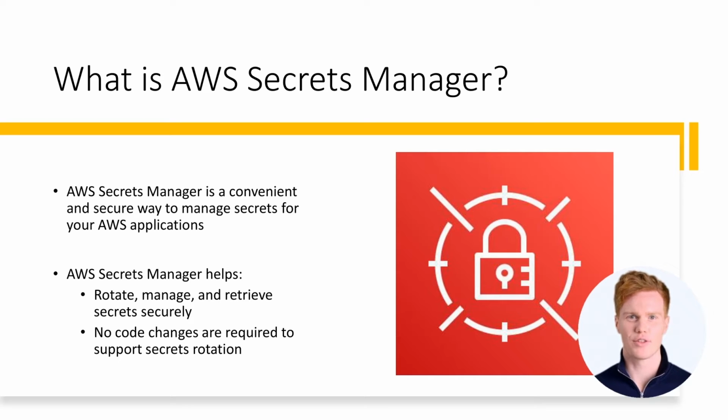Secrets Manager also provides built-in integration with AWS Lambda so that you can rotate secrets automatically and periodically. In addition, Secrets Manager allows you to monitor secret usage and activity with Amazon CloudWatch metrics and logs. Overall, Secrets Manager is a convenient and secure way to manage secrets for your AWS applications.